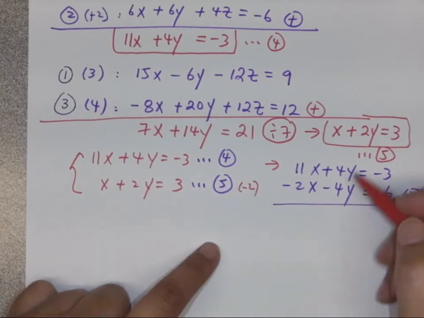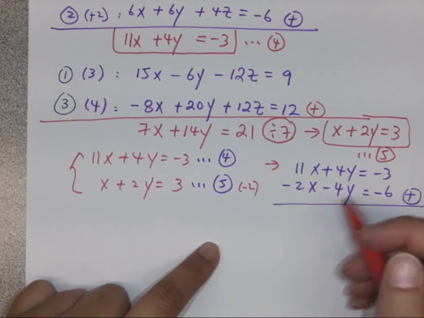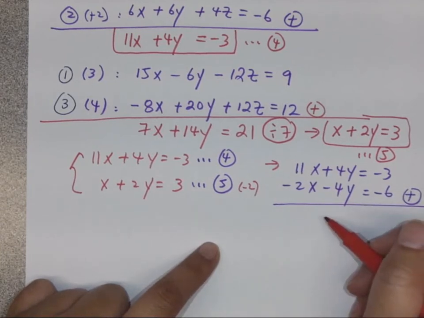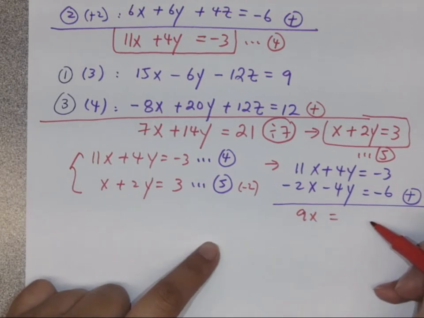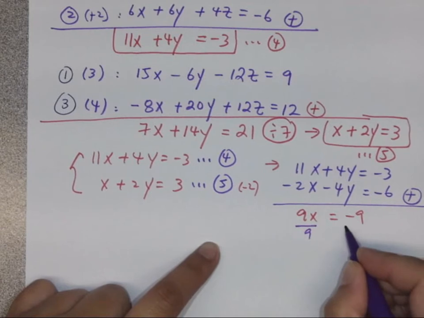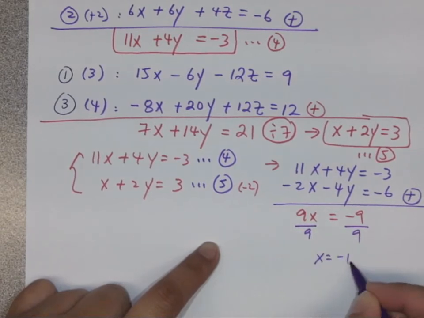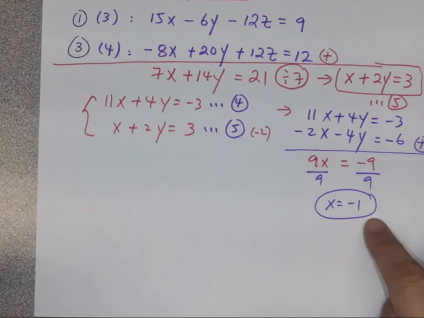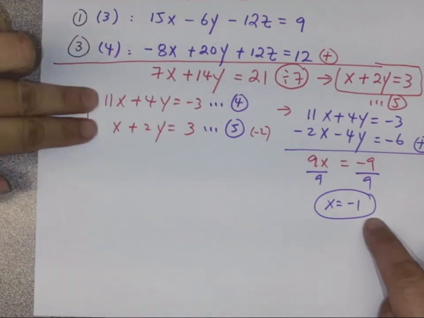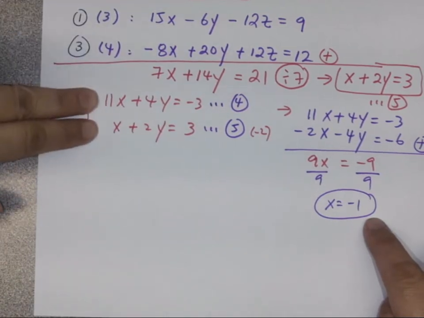Okay. All right, combine them. So y is gone. How many x? 9x equal to negative 9. So x equal to negative 1. So we solved for one of them, right? It's a lengthy process, but we got it. So once we have x, the next variable we can solve is y, because we have this equation with just two variables, right?